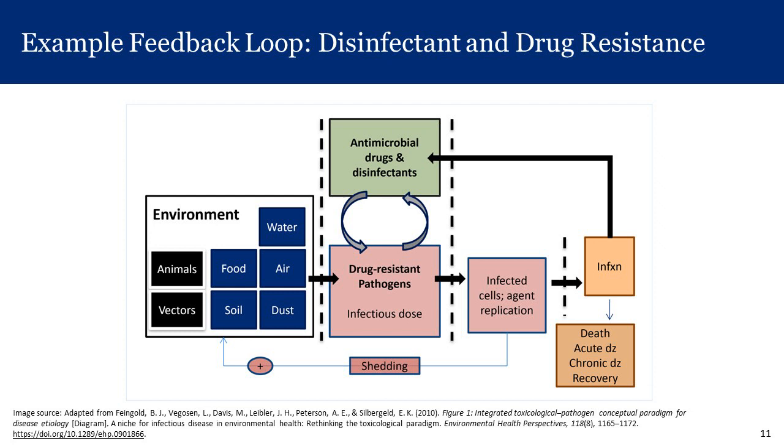In this case, thinking about uses of disinfectants and antimicrobial drugs to treat pathogens could also then expose the pathogen population to these chemicals and select for more drug-resistant strains within that population. We did a study looking at chlorhexidine use on people who had MRSA infection and identified the potential for chlorhexidine resistance within the environmental MRSA that we were studying.